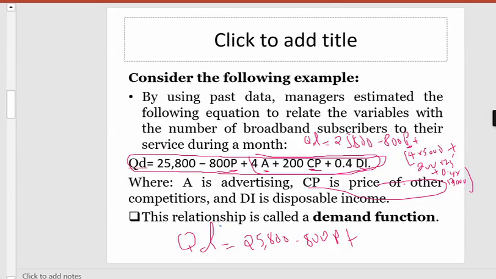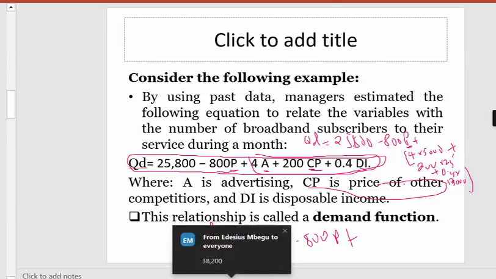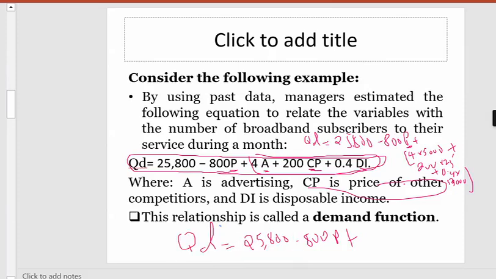4 times 4,000 plus 200 times what? 25. Yes. Times 33,000. You get how much? 38,200.